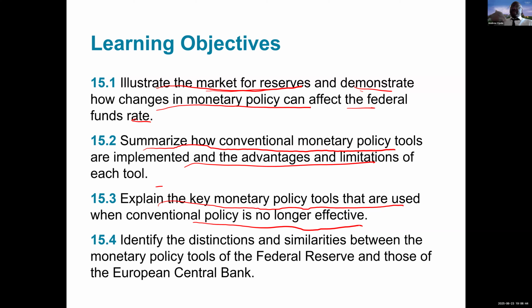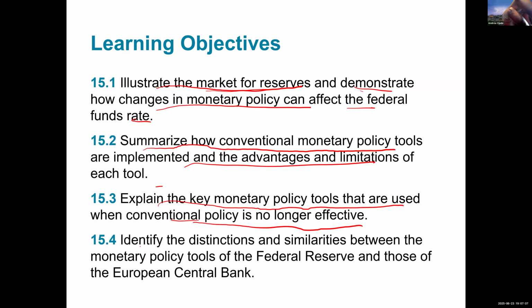America did not want to fall into that same trap that Japan fell into in the 90s. So the Federal Reserve had to come up with something, because conventional monetary policy wasn't working anymore. Then Ben Bernanke, who was the chair of the Federal Reserve at that time, came up with a series of unconventional tools of monetary policy that were not tried before, and we're going to talk about those.